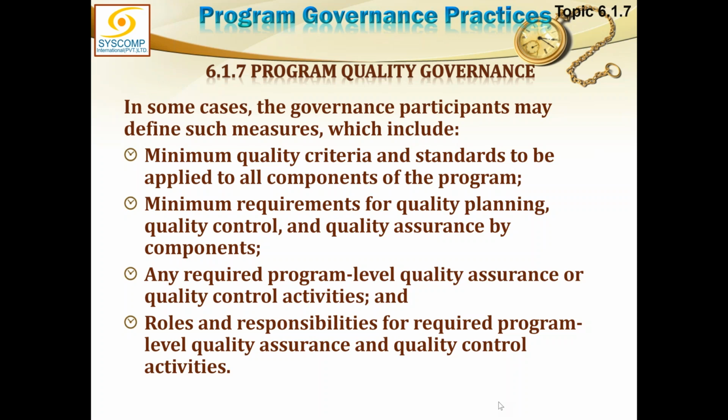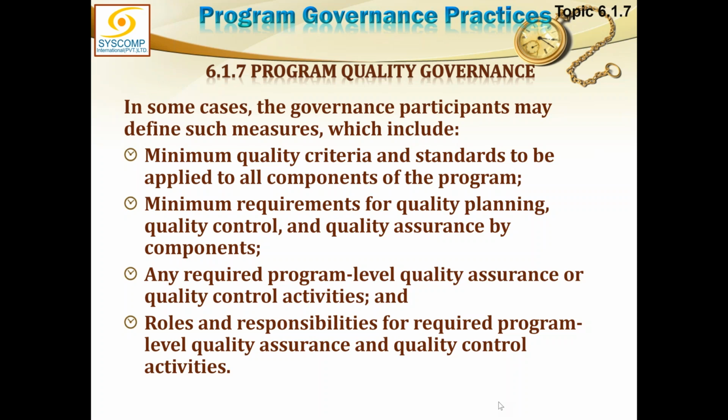Minimum requirements for quality planning, quality control, and quality assurance by components. This is to be defined by the component in their governance plan. Any required program level quality assurance or quality control activities, which are on the consolidated benefit or the consolidated working of the components, that has to be dealt with directly by the program, and that will be done at the program level.